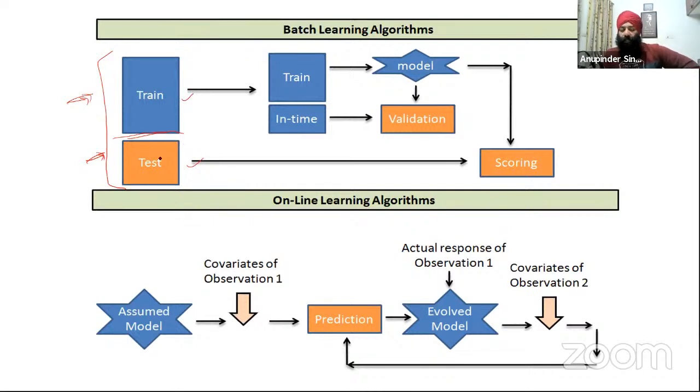Why we do it, I will discuss in a couple of minutes. But this train data is sent to the model, and then that model is validated for its accuracy. Once the accuracy is maintained, it is pushed for further validation with the test data.